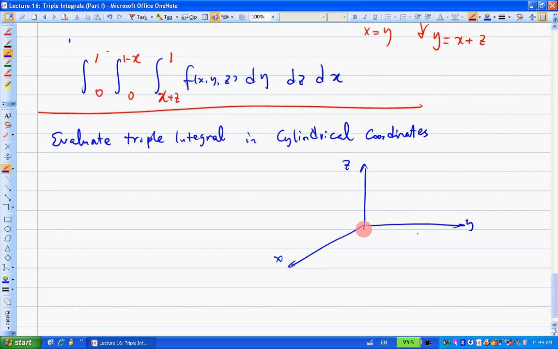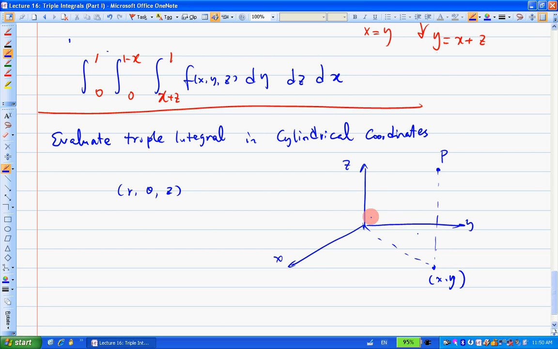Now I have a point here, which is P. In Cartesian coordinates, P is (x, y, z), so you use x, y, z to represent its location. Now instead of using x, y, z, we're going to use r, theta, z. Essentially, here is the projection of your P point, this is your xy here.